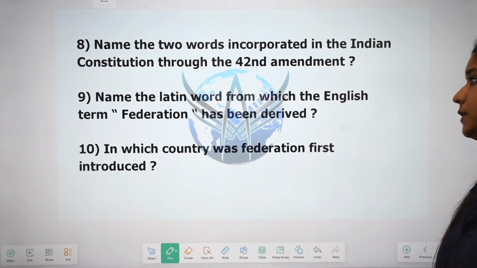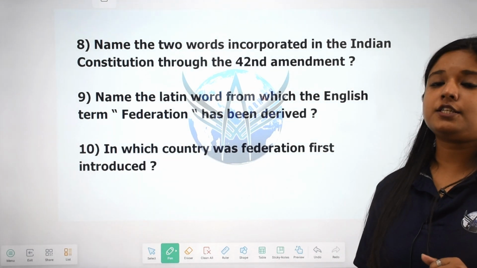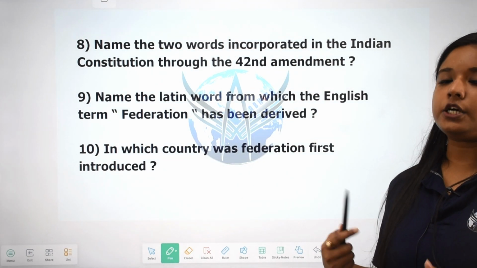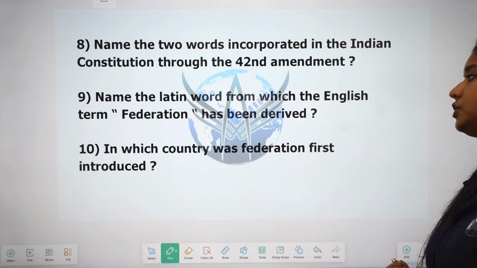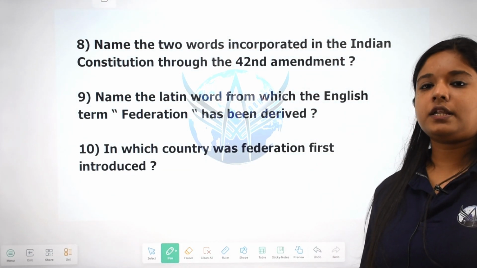That's called secularism. Name the Latin word from which the English term federation has been derived. The English term federation has been derived from the Latin word fidus, which means treaty or agreement. In which country was federation first introduced? Federation was first introduced in the US.